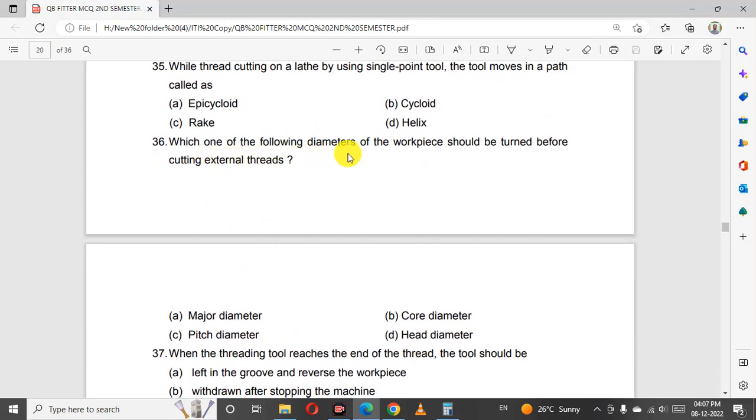Which one of the following diameters of the workpiece should be turned before cutting an external thread? Major diameter.